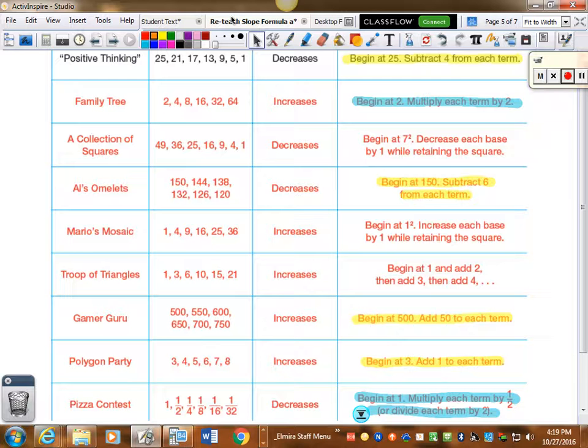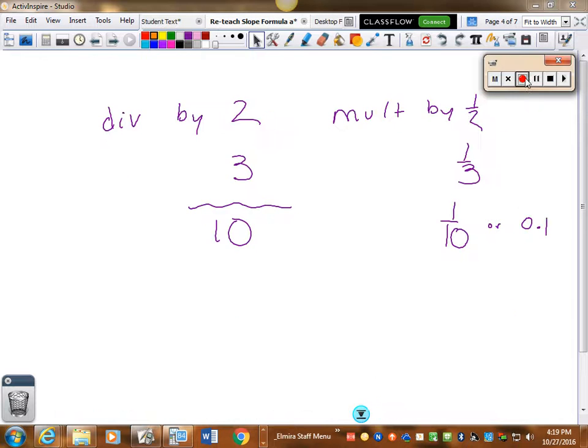Well, guys, in sequences here, let me find the page I want to find. What you have to realize is that division is not going to really work out for us in our sequences. We're never going to talk about things in terms of division. We're always going to flip it to how can we talk about it in terms of multiplication.